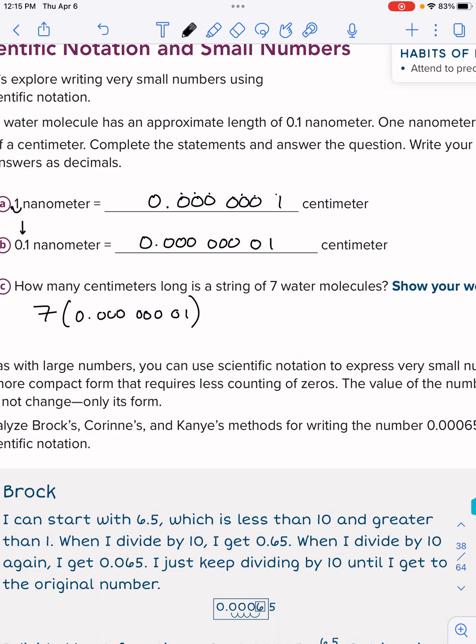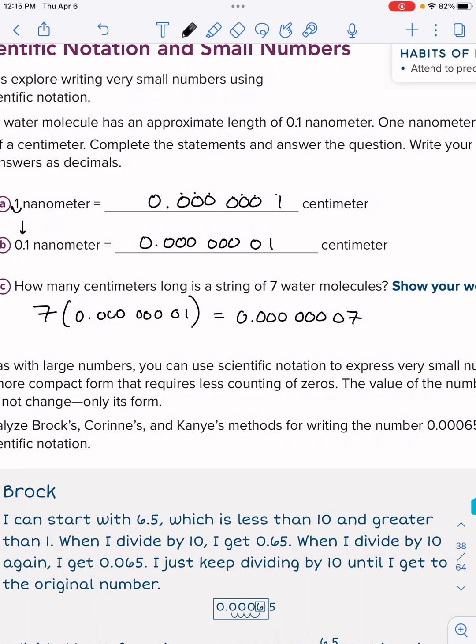We're counting every 3 from the decimal point, whether that be to the right or to the left. If you multiply this, you're going to get 0 point, same amount of zeros, and then instead of a 1, 7 times 1 is just going to be 7, because 7 times 0 is just 0. So a really, really small number. I think this is 7 ten-millionths. Really small. So that's a water molecule.